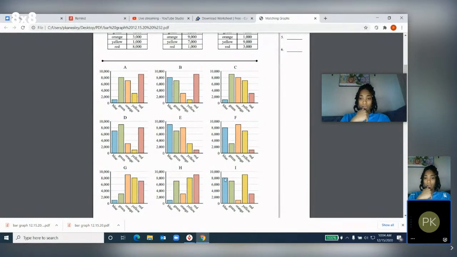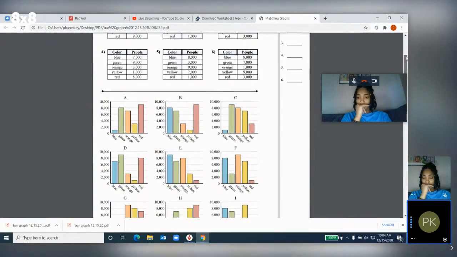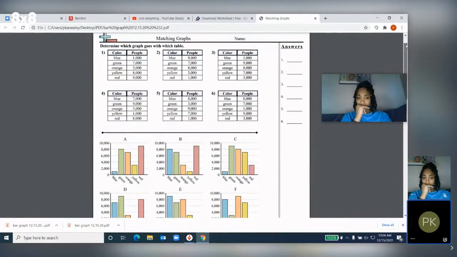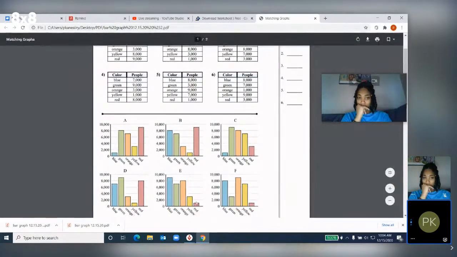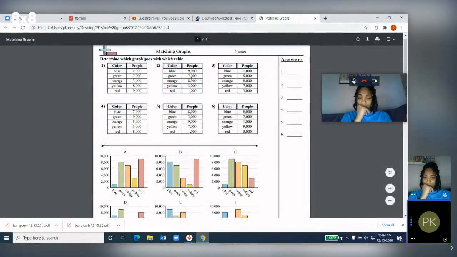And really, that is the only one where we see blue at 9,000. By process of elimination, you guys are going to know that graph 2, the only one where blue is 9,000, is graph E. Okay, so the data point for number 2 is going to be represented by graph E.